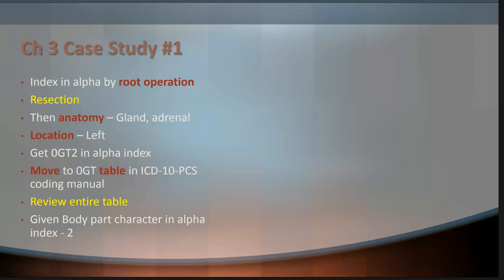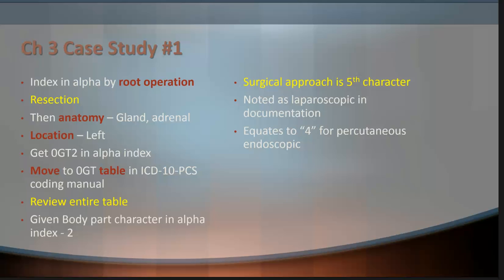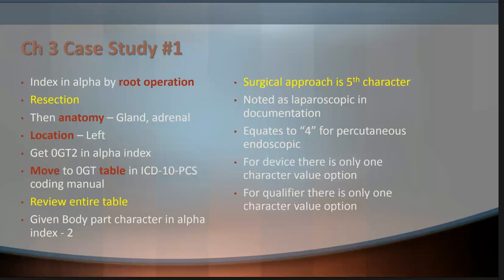And when you do that, you already know that you were given the body part of 2, the character value for the left. We looked and we verified that the surgical approach was laparoscopic, and that relates, if we go back to chapter 1, to what is defined as percutaneous endoscopic.